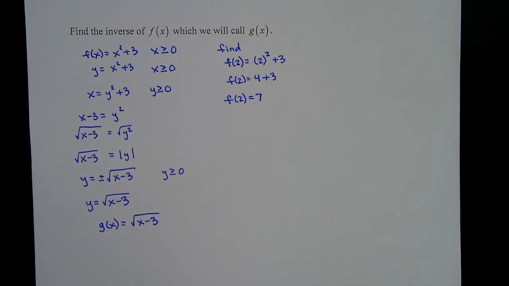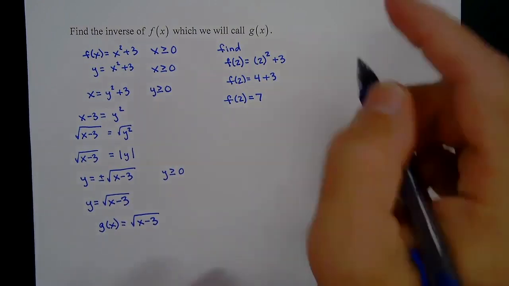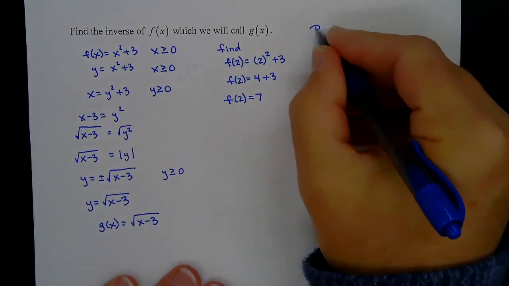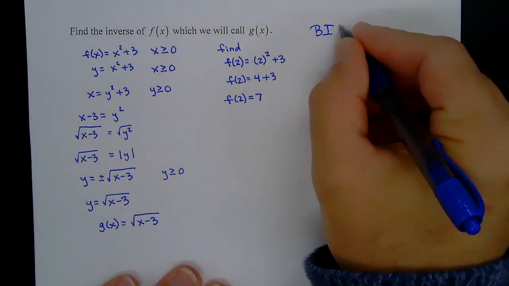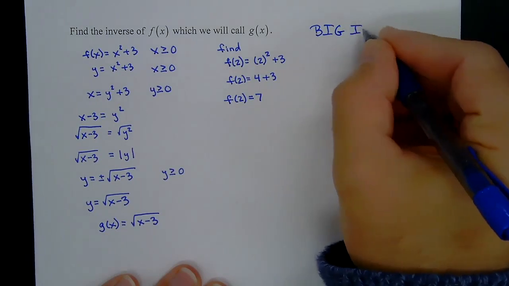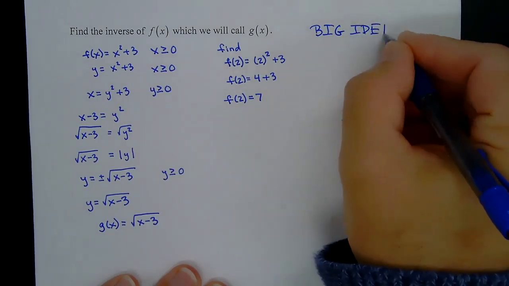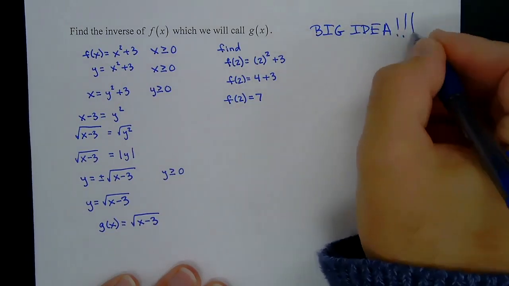And right now I'm being weird and you're like, why is he saying it like that? That's going to be important. I put 2 in and I get 7 out. All right, so here's the biggest idea on this first page. This is huge.